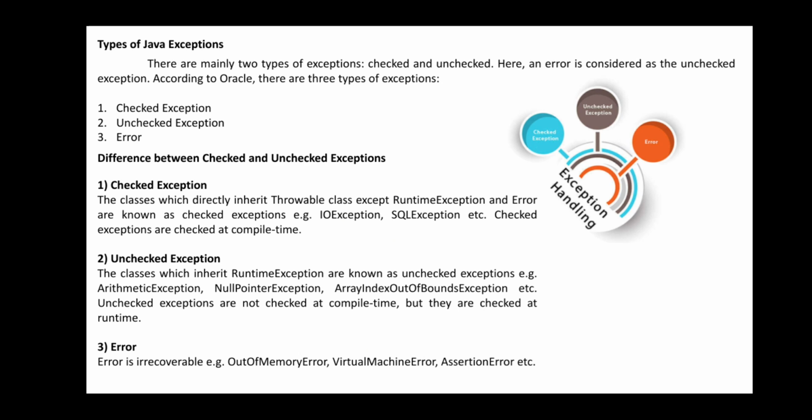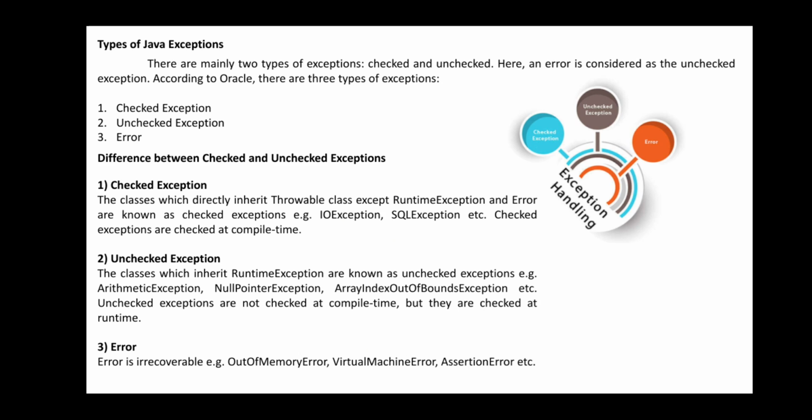But in the form of unchecked exceptions, there are ArrayIndexOutOfBoundsException, NullPointerException, and ArithmeticException. Arithmetic exception means infinity: when a number is divided by 0, your program cannot be stopped at any level. So we call them unchecked exceptions.